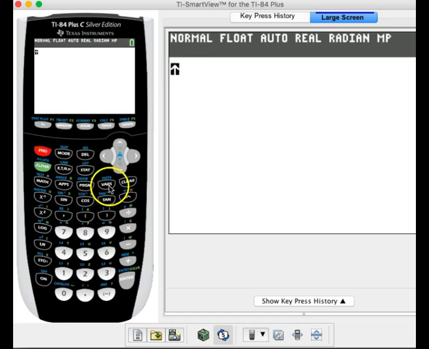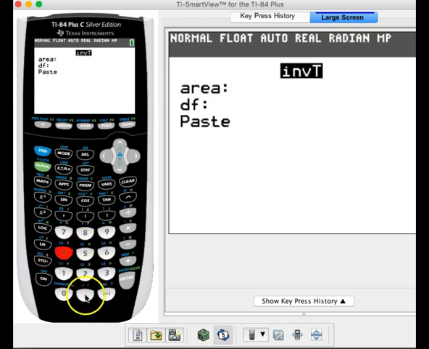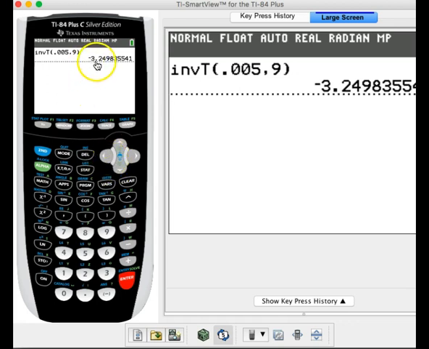If I do inverse t of 0.005 with degrees of freedom 9, you can see that that gives me maybe negative 3.25 approximately.